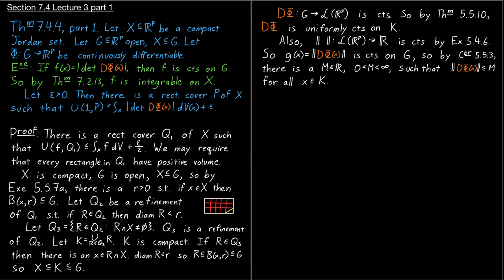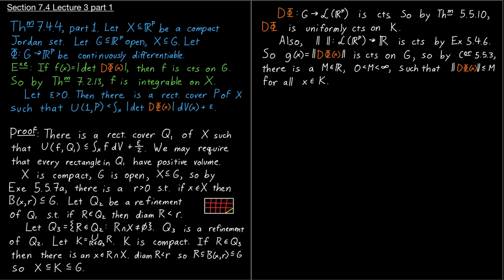Remember, uniform continuity says for every positive epsilon, there is a delta such that if the distance from x to y is less than delta, then the distance from d phi of x to d phi of y is less than epsilon.